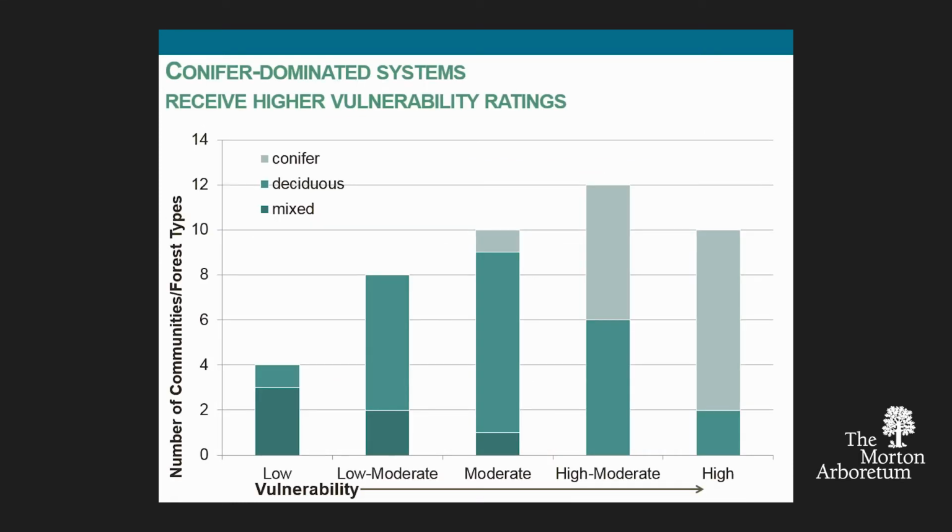Some of the other generalizations that we can make is a lot of the systems that are highly dominated by conifers tended to get higher vulnerability ratings. And this is because these tend to be your boreal ecosystems or your high elevation ecosystems. And so since those are adapted to colder climates, those tended to get higher vulnerability.